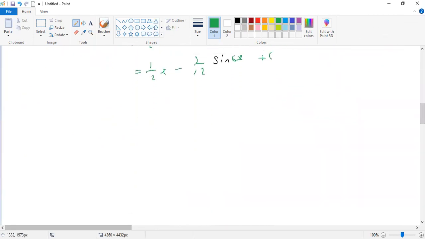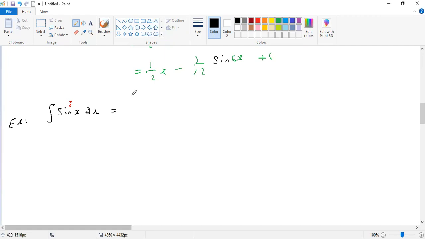Now, what about sine cube? If I have the integral of sine cube x dx, what do we have to do?